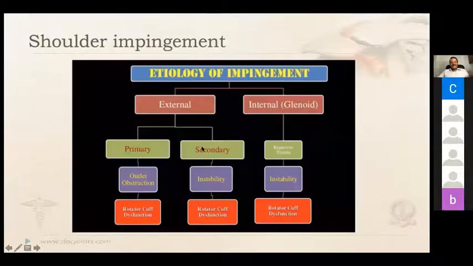So internal impingement occurs inside the shoulder joint due to repetitive movement and instability. So it will be between the posterior superior aspect of the glenoid or the glenoid labrum and the posterior aspect of the humeral head. That is internal impingement. That will elicit pain on the posterior aspect of the shoulder joint.